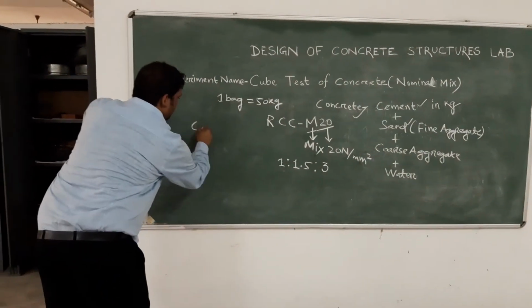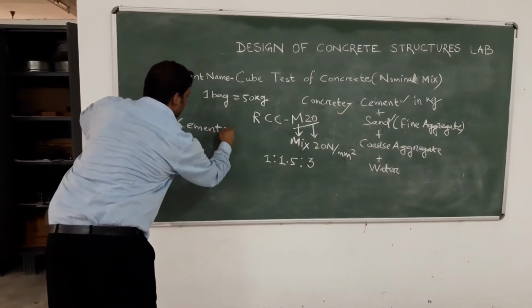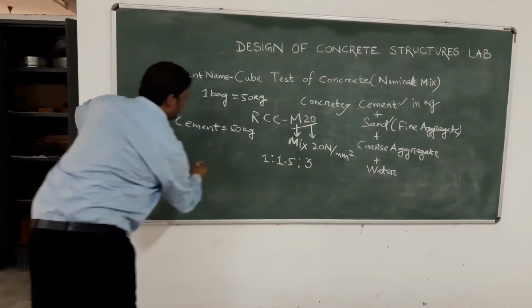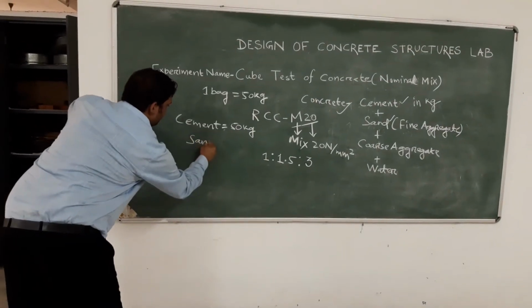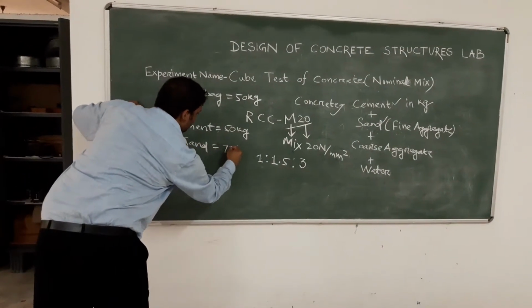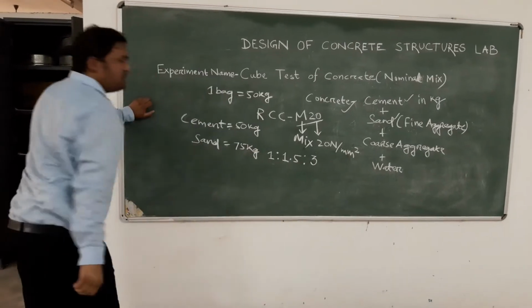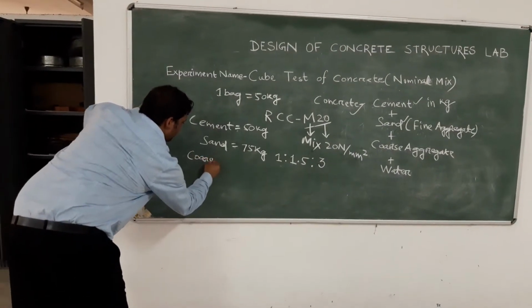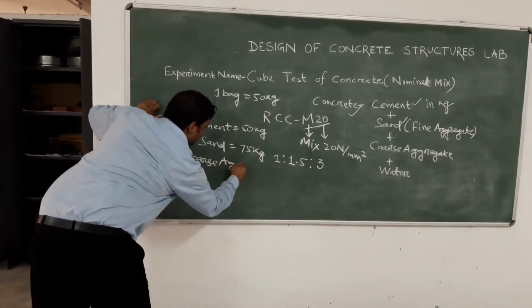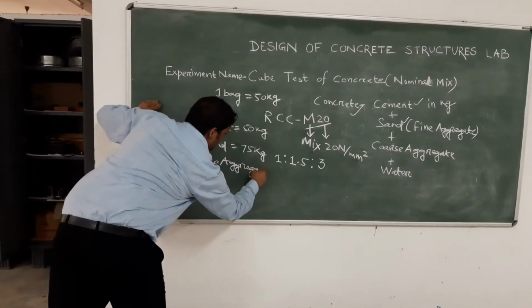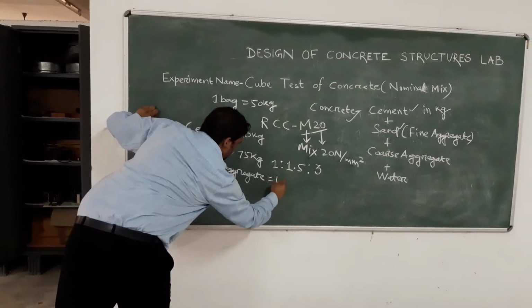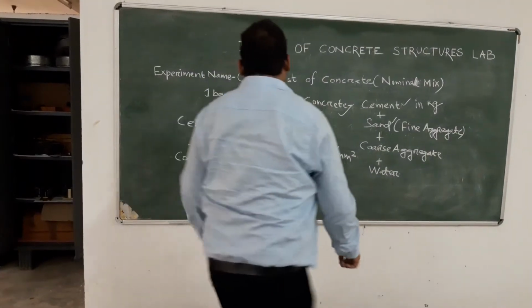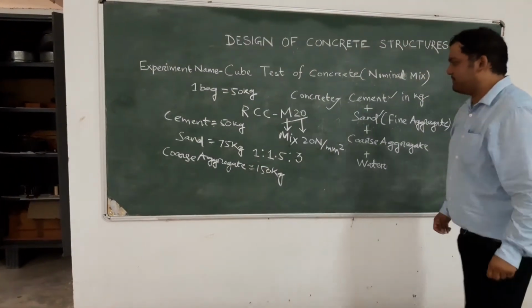So finally we have cement 50 kg, sand 75 kg, and coarse aggregate 150 kg.